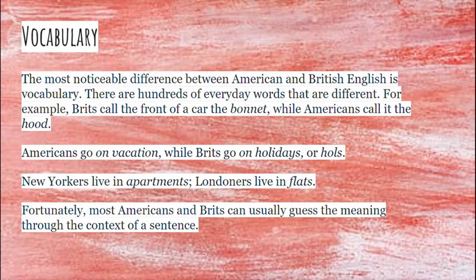So, for instance, Brits call the front of a car a bonnet, while Americans call it a hood. So, if you tell an American to open their bonnet, they would probably think you're referring to the hat and not the car, which is what you, as a British person, intended to tell them.